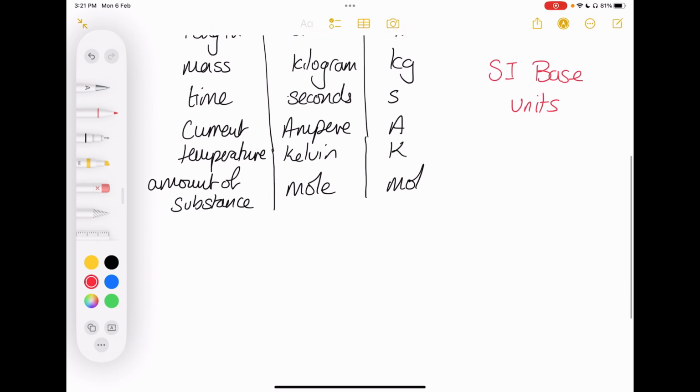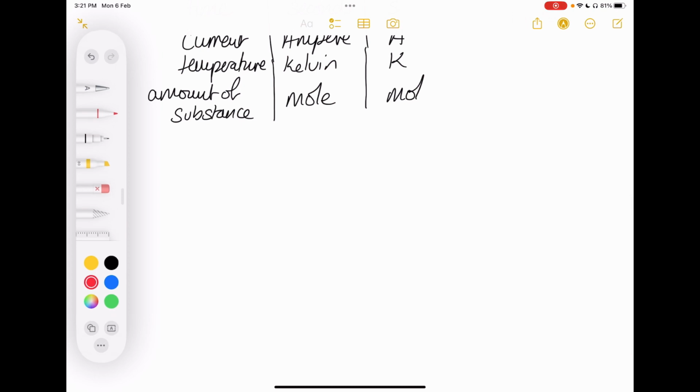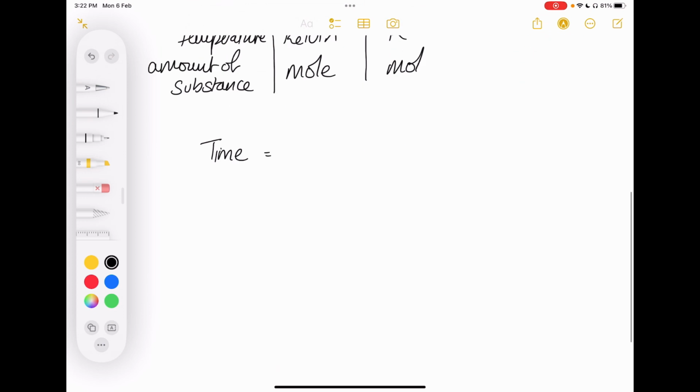So for example, I might have a value for time in a non-base unit. So let's just say it is 2 weeks. The thing is, I need to convert it into the SI base units.